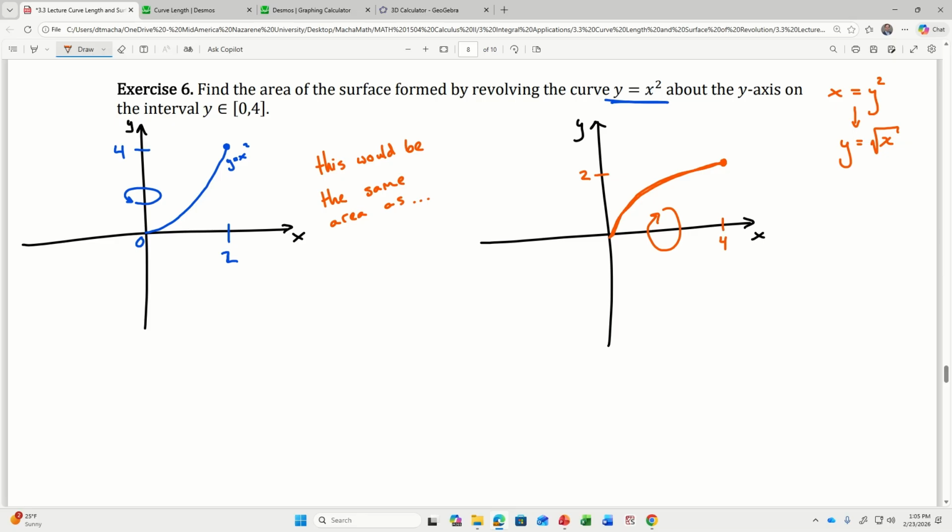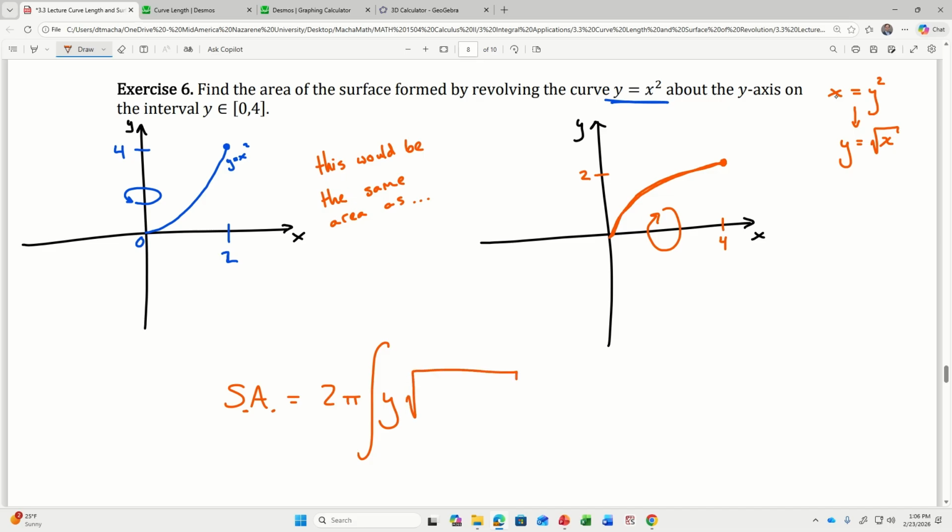I like this problem better because I have already memorized the formula for how to find the surface area. And the surface area is 2 times pi times y, where y is inside the integral.